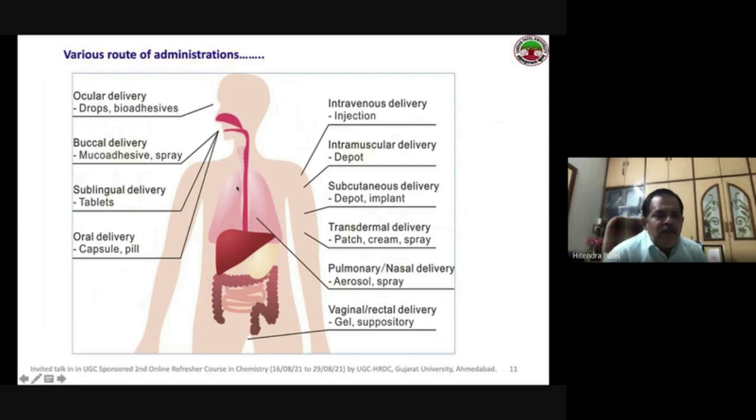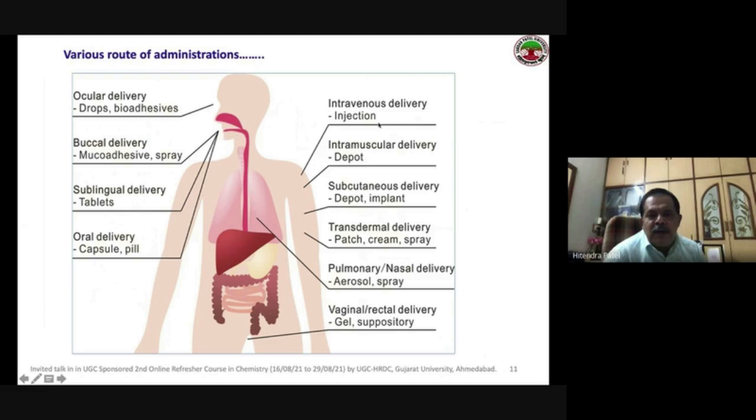Again, we can see ocular delivery with the eye, specifically eye drops and bioadhesives. Another route is buccal delivery, meaning mucoadhesives and sprays directly in the mouth. Similarly, sublingual delivery is in terms of tablets, and oral delivery means the capsule and pill.